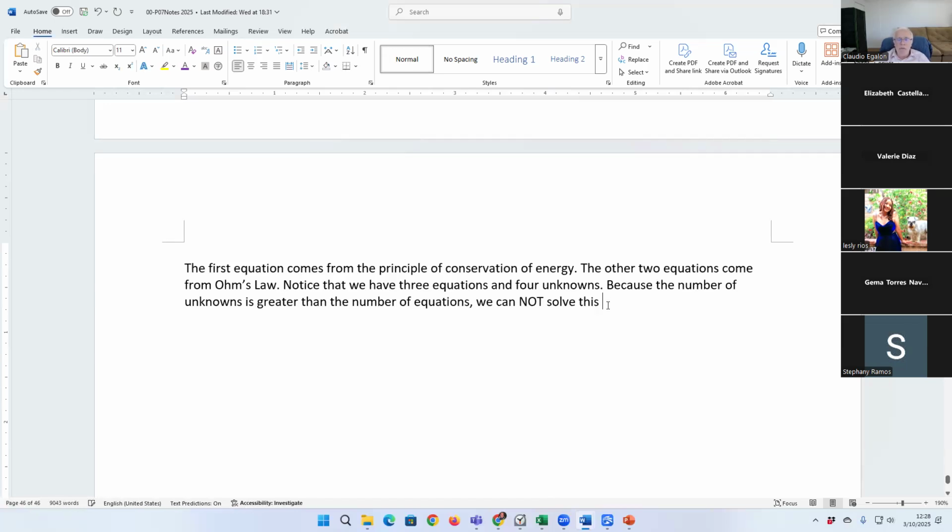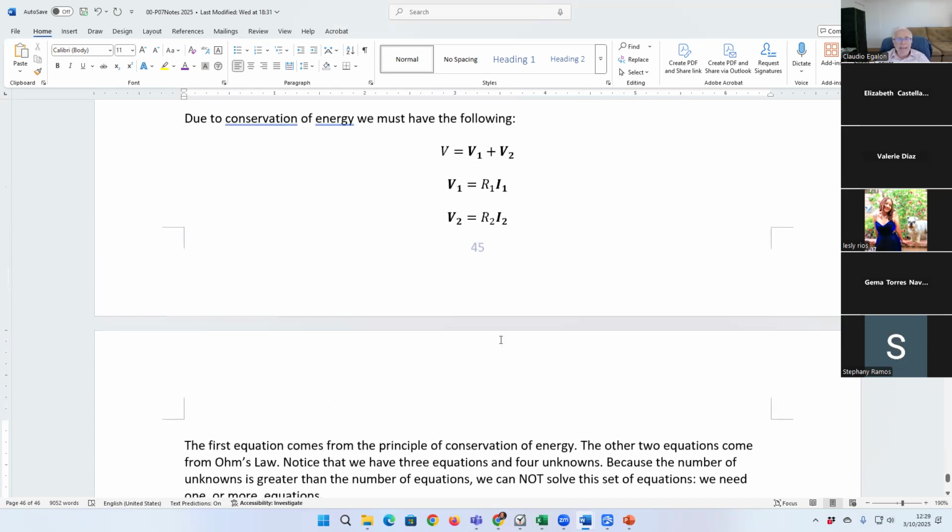We cannot solve this set of equations. In other words, we need one or more equations. And what is this equation that we need?